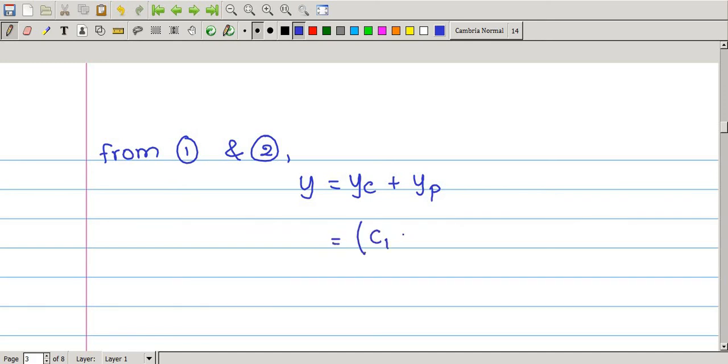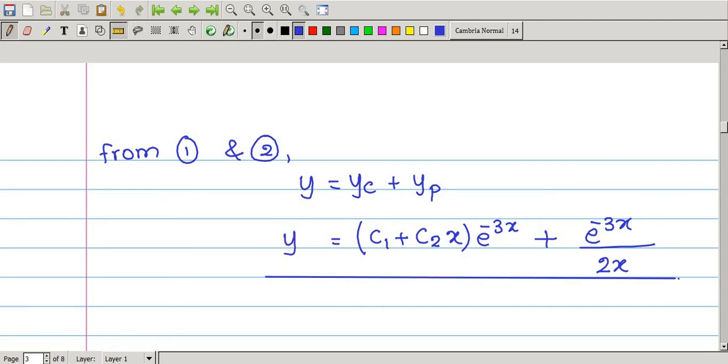Our complementary function was c1 plus c2x into e raised to minus 3x plus particular integral is e raised to minus 3x upon 2 times x. So this is our required general solution. So this is the answer.